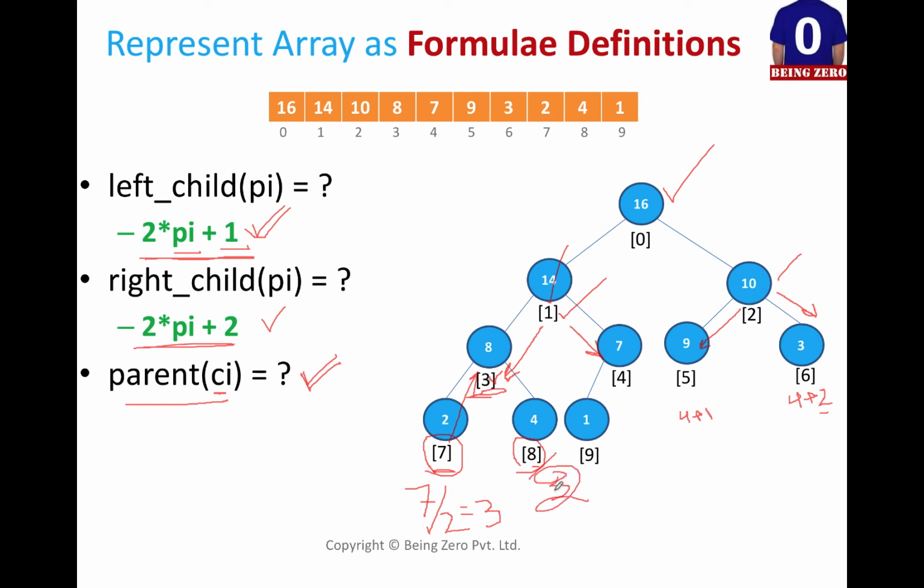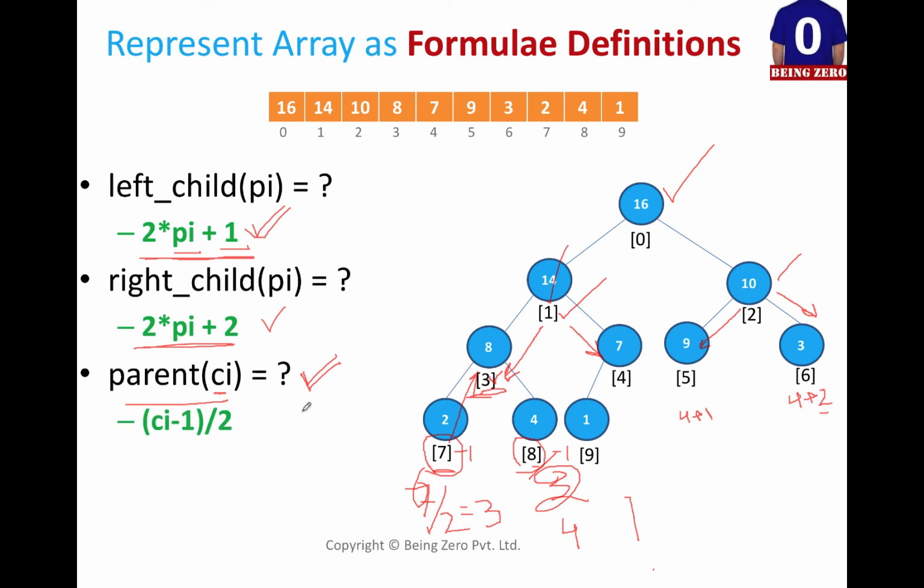Now 8 divided by 2 comes out to be 4. But this is not the right answer, because for 8 the parent is 3, not 4. So what we can do is subtract 1 from both of them. 8 minus 1 becomes 7, 7 divided by 2 is 3, and 7 minus 1 becomes 6, 6 divided by 2 is also 3.